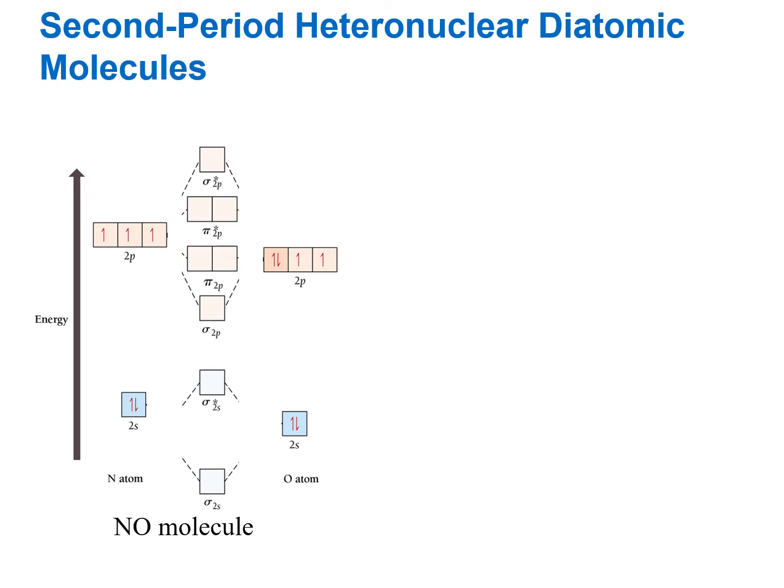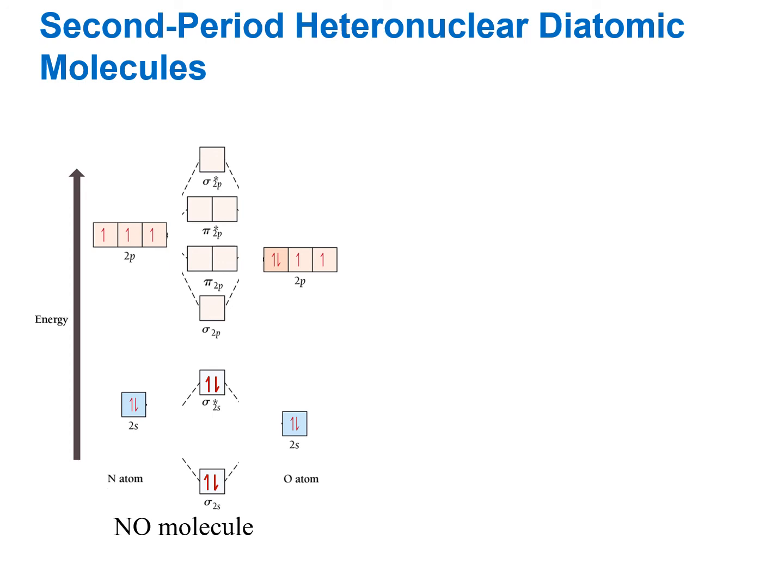But because we're combining nitrogen and oxygen having the lower potential energy, we're going to be using the chart for oxygen. All right, so if we start by looking at what we have to fill, let's just look at the s orbitals. We have a total of 4 electrons that can start to fill up those s orbitals in our chart. So we put a couple in the bonding orbital and then a couple in the anti-bonding orbital, and we're done with that.